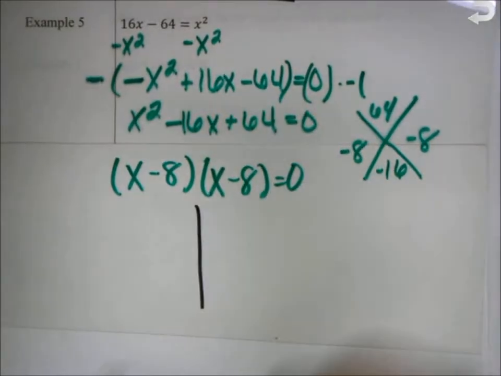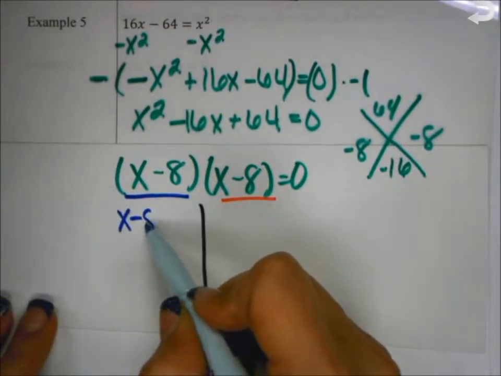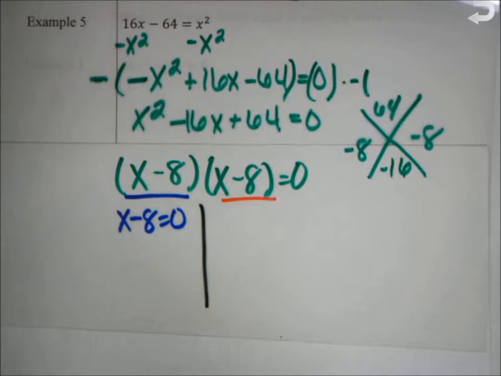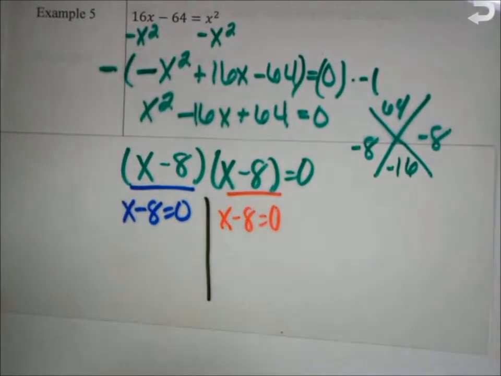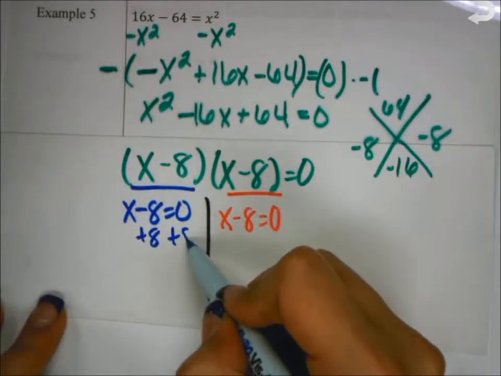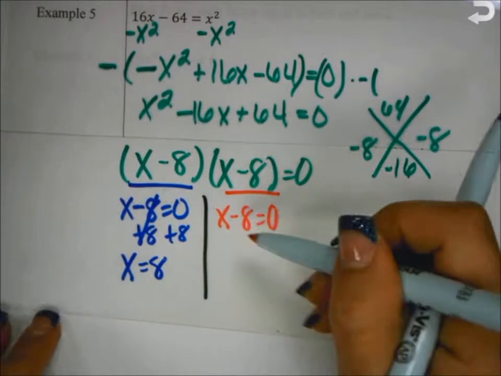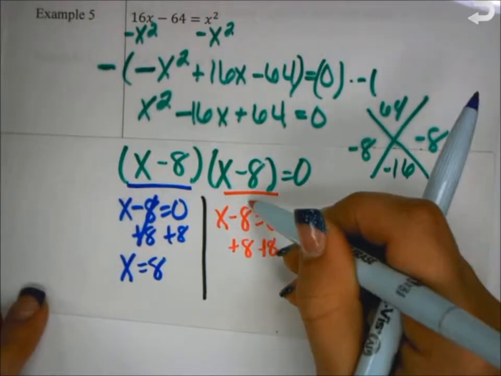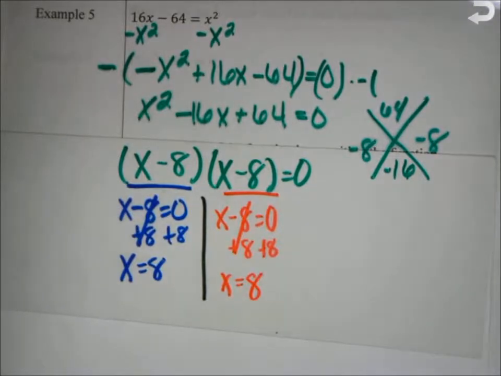So we set each one equal to 0, and we solve. So we add 8 to both sides. X equals 8. We add 8 to both sides here. X equals 8. Oh my gosh, they're the same. Is that okay? Yeah, that's okay. We just crossed the x-axis at one point. So we would get x equals 8.